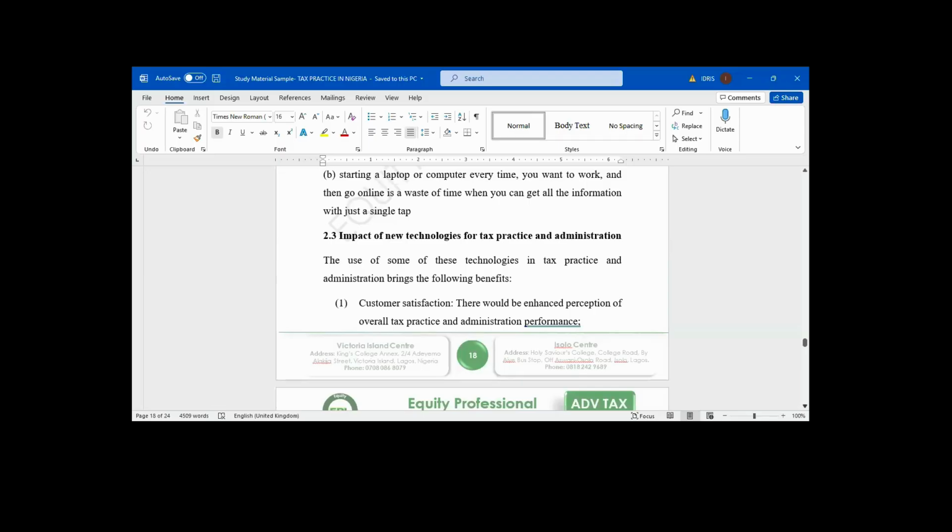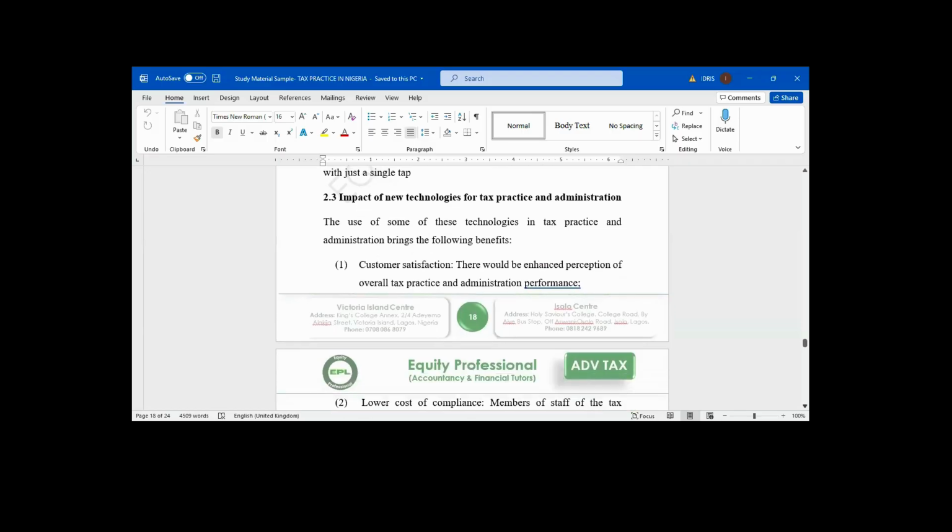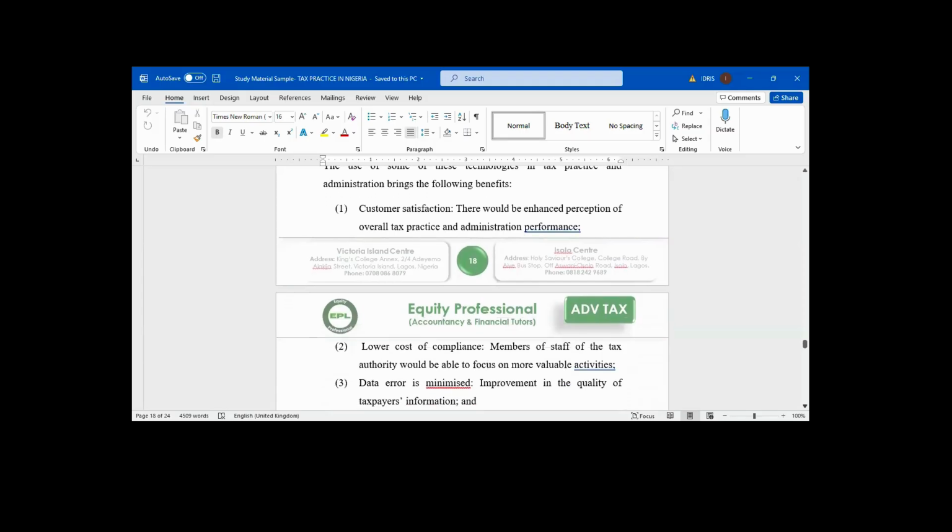They can file it online using Tax Promax. So customer satisfaction is one of the impacts this new technology will create for tax practice and administration.